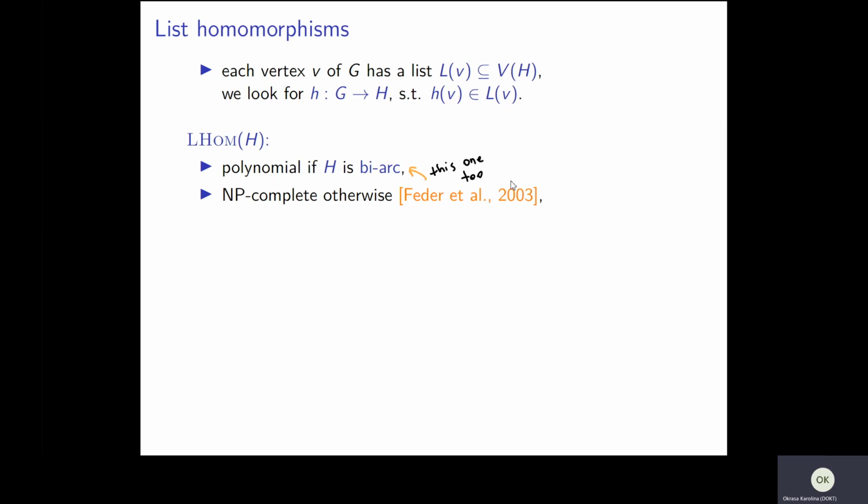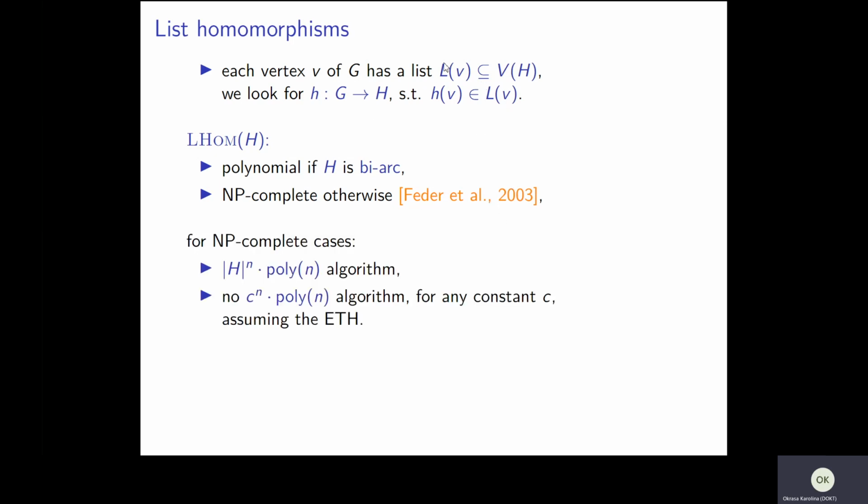And again, since the size of the list is certainly bounded by the number of vertices of H, we have the brute force algorithm working in time the number of vertices of H to the n. And since this list homomorphism problem is a generalization of the non-list homomorphism problem, the previous one, the lower bound just transfers from that problem.